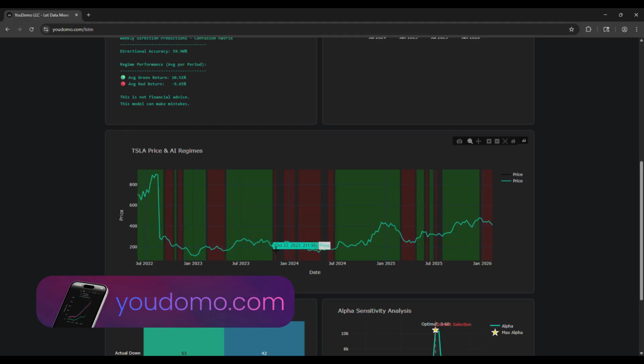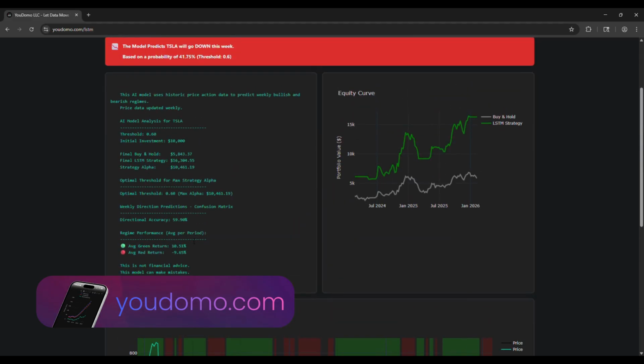Up here, we also see directional accuracy. We see that the model is correct 59.9% of the time when it comes to the weekly direction of price action in Tesla stock. So we can feel pretty confident about the weekly price action movement in Tesla based on the AI model's predictions.